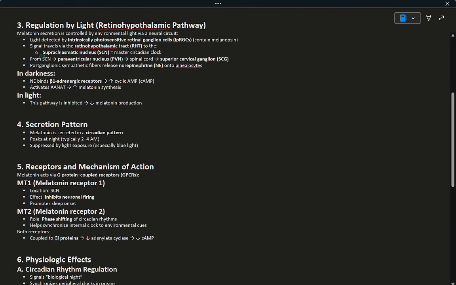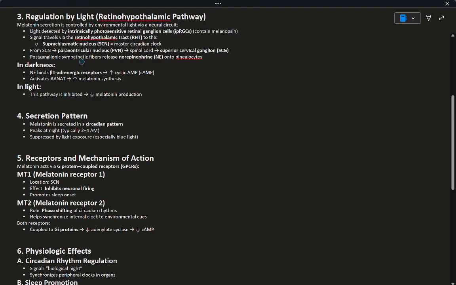And then from the suprachiasmatic nucleus, the signal will travel to the paraventricular nucleus, or PVN, then down to the spinal cord, and then the superior cervical ganglion, or SCG. Afterwards, the postganglionic sympathetic fibers will release the norepinephrine onto the pinealocytes.